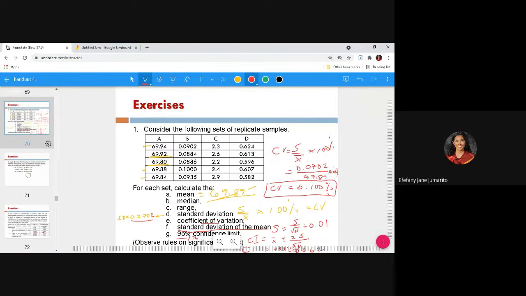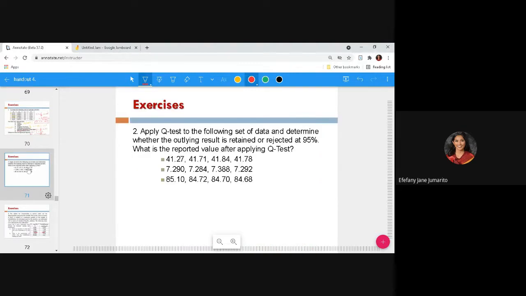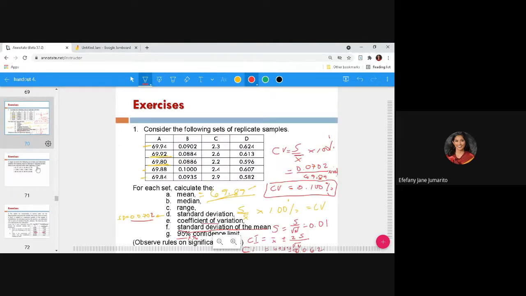Okay, so we are done with that. You do it by yourself, class. Set B, set C, and set D. Okay, assignment. Set B, set C, and set D. You calculate the mean, median, range, standard deviation up to G, okay? Set B, C, and D. I will put it in the group chat, class. Okay, that one. So, screenshot it, class.